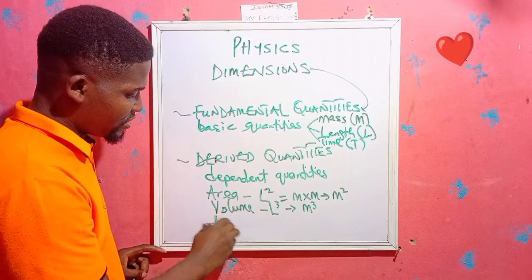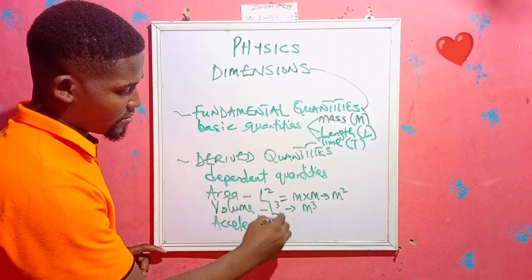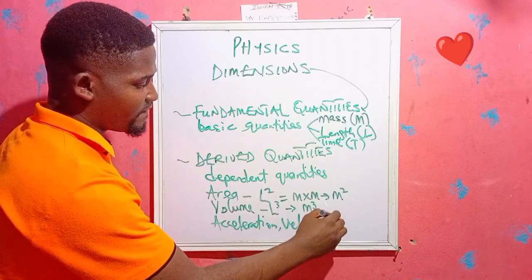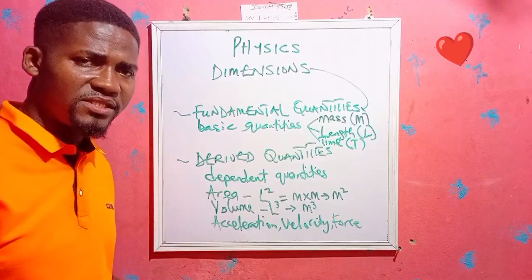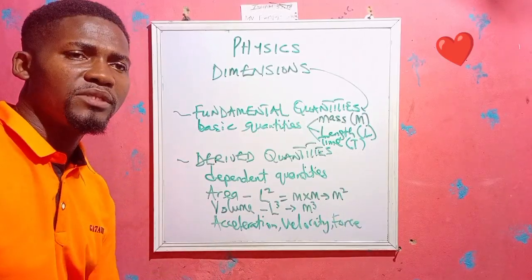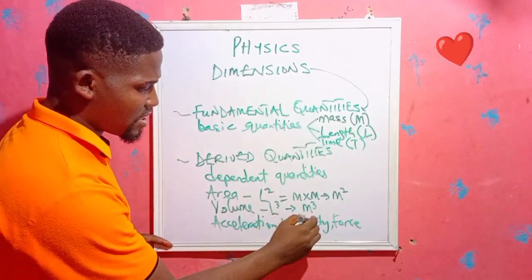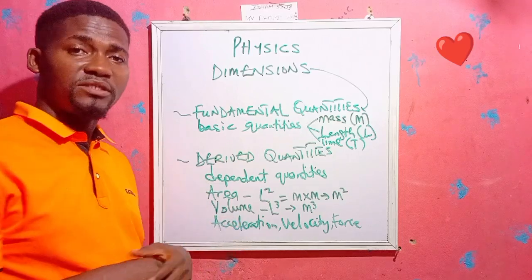We have acceleration, velocity, momentum, force, and power. There are many other quantities in physics that we are going to be looking at, and you are meant to understand that these quantities and their units are under derived quantities and units.